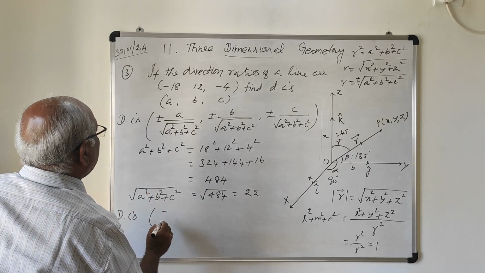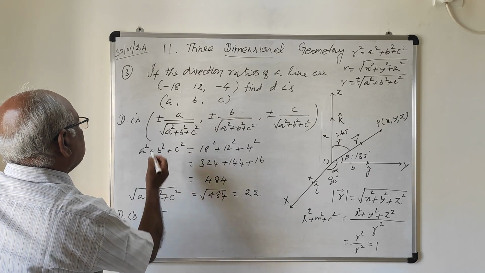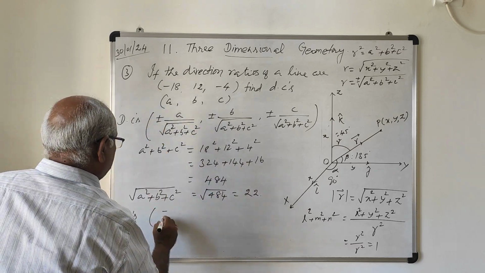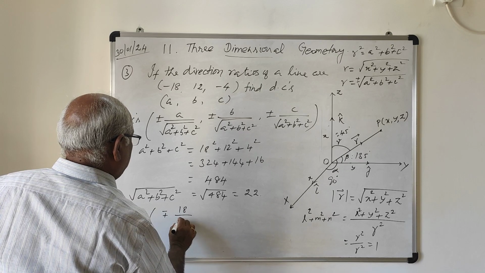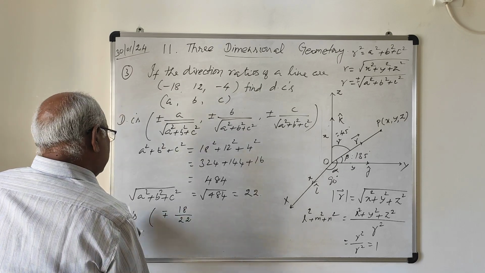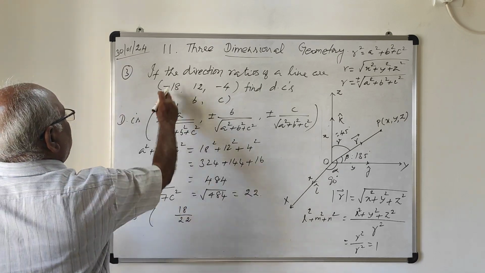plus or minus 18 by 22, 12 by 22, minus 4 by 22. For this problem, you just find out the sign only.